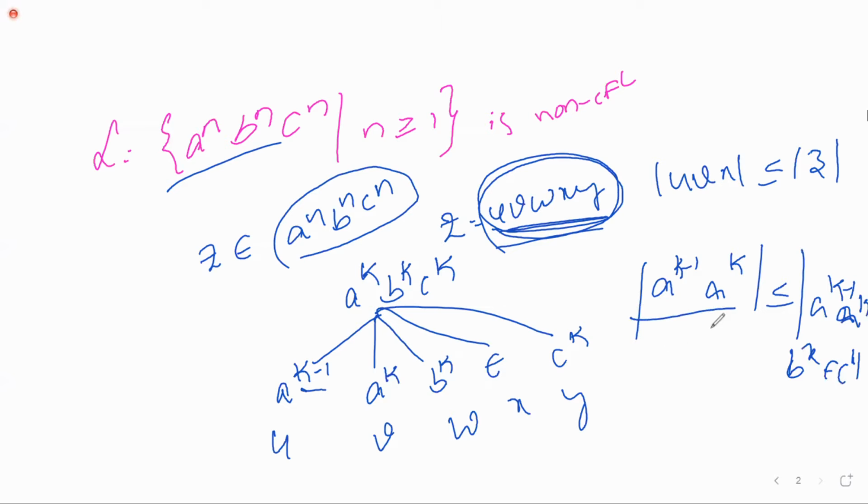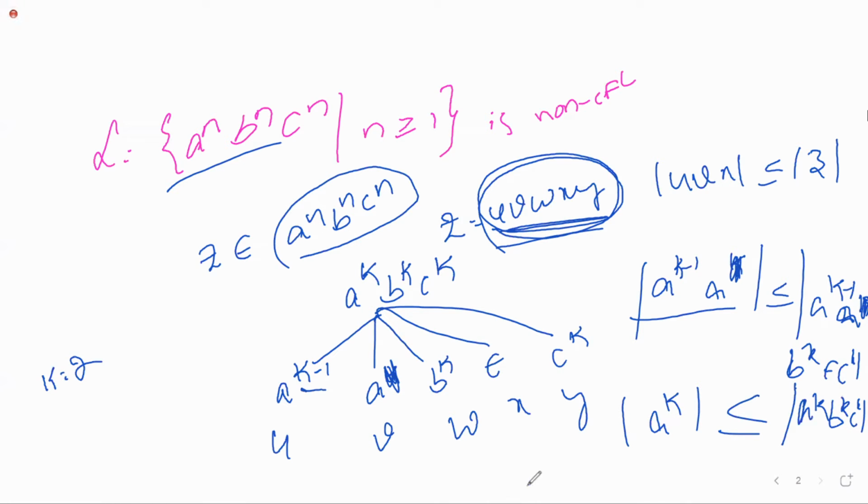So if you consider this, k minus 1 plus 1 will become k. This will give you a power k, b power k, c power k. If you observe the length, I am assuming my k value equals 2.